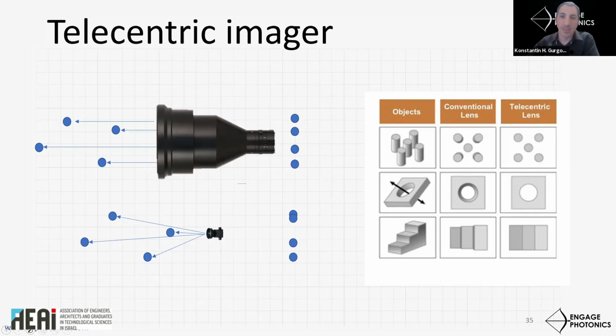Unlike traditional lenses, which look at objects from a certain point of the pinhole of the camera, the Telecentric Imager is just as large as its field of view, and it looks at objects just orthogonally.